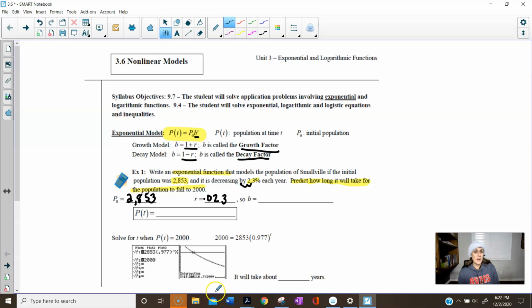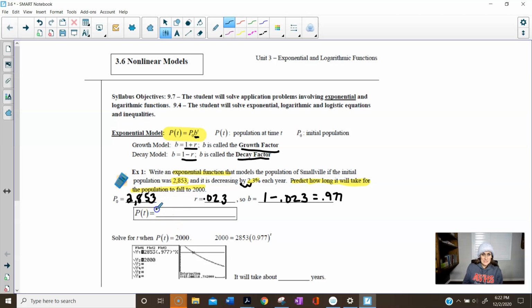And so our base, because it's decay, the population is dropping, our base is going to be 1 subtract the rate, which is 0.023. And that's going to equal 0.977.